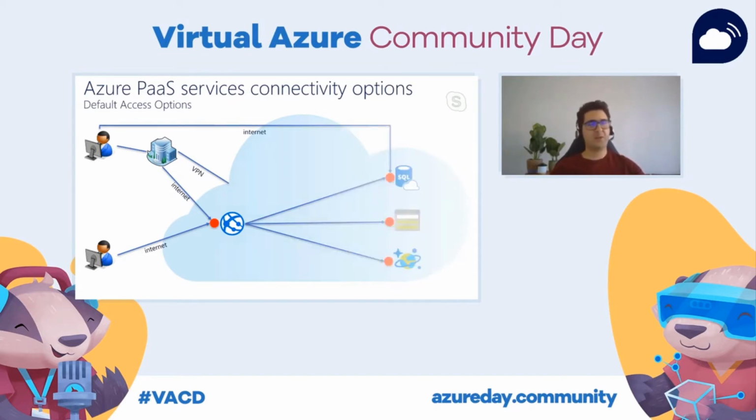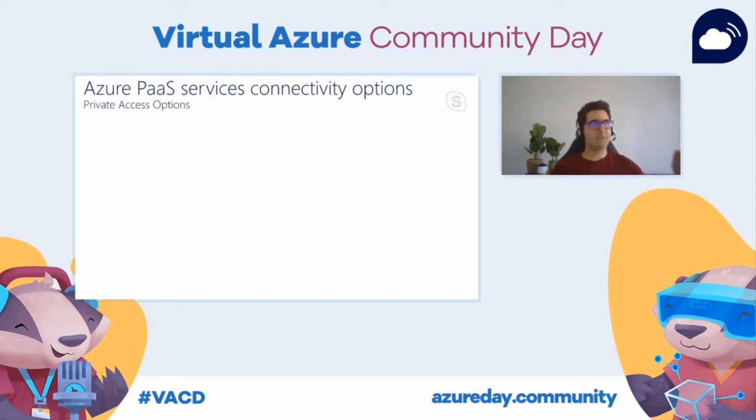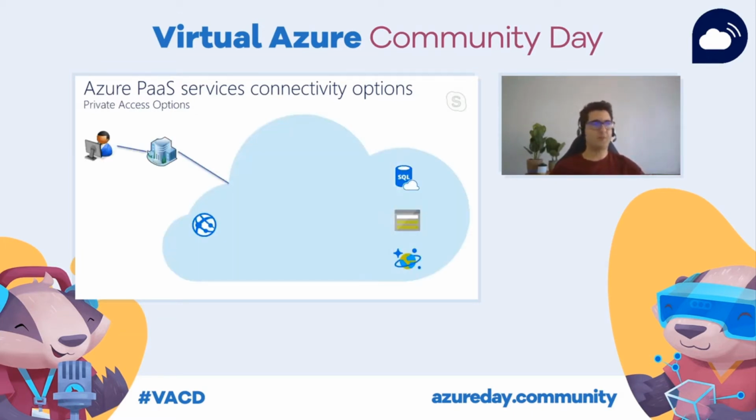So Microsoft has provided in the past private access options for these services. The first one is you can use ExpressRoute, for example, to privately access your PaaS services using the public peering, now named the Microsoft peering.